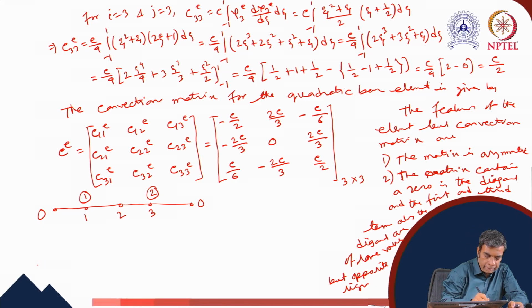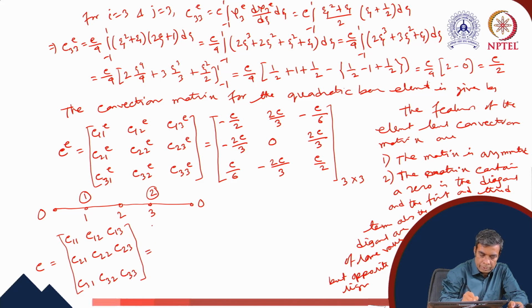So the assembled convection matrix C will be C11, C12, C13, C21, C22, C23, C31, C32, C33.